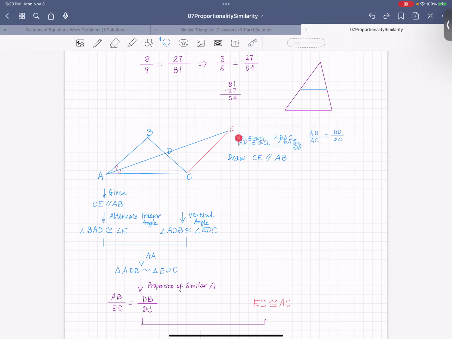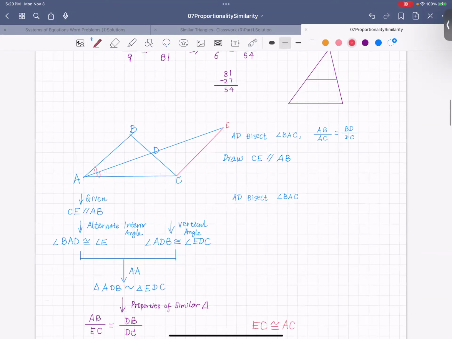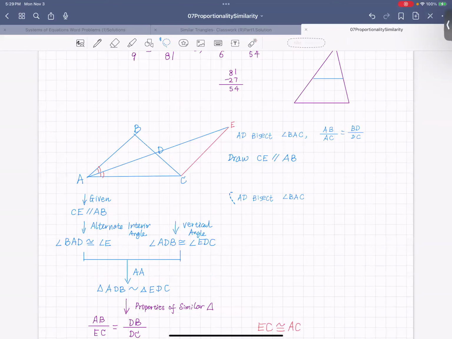So we will copy down this one right here, and this is because of given, right? Yes. Change it to red color, and then we say given. Given this, so who and who are equal? Angle BAD and DAC. And this is because what? Definition of angle bisector.